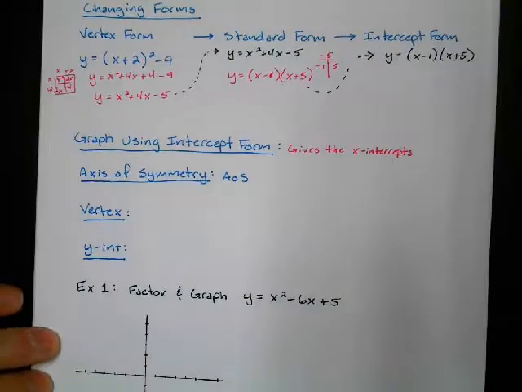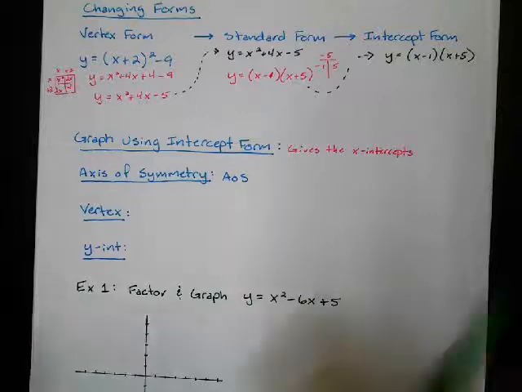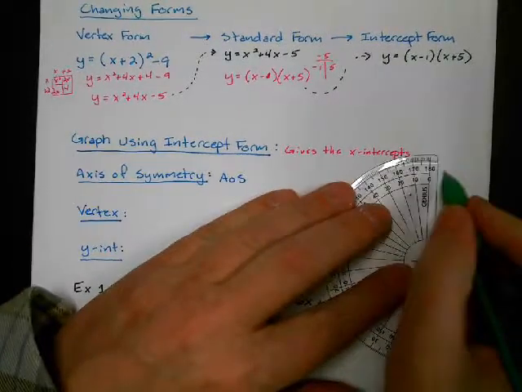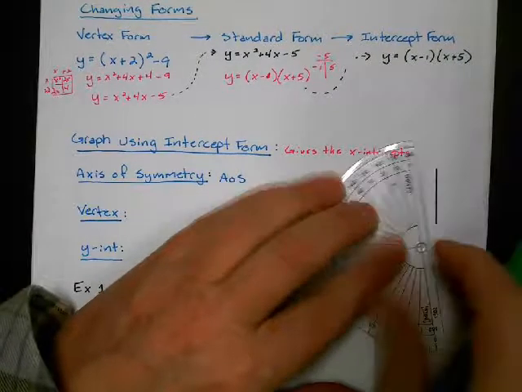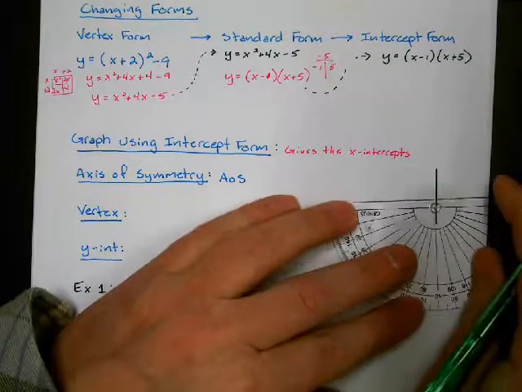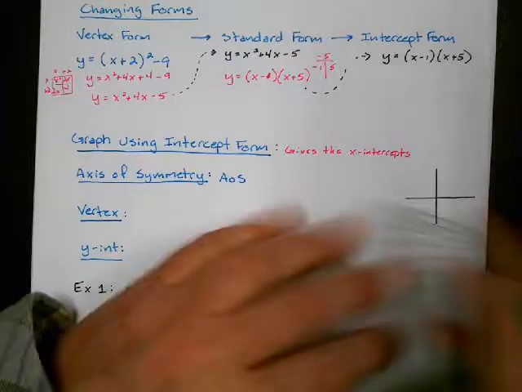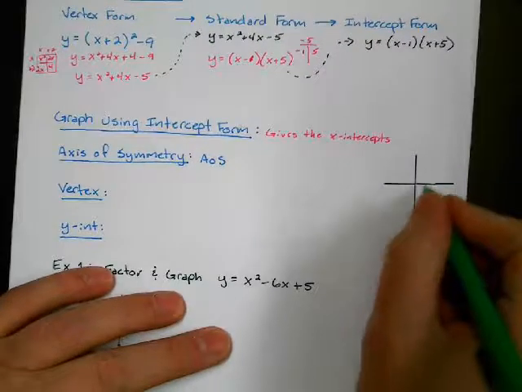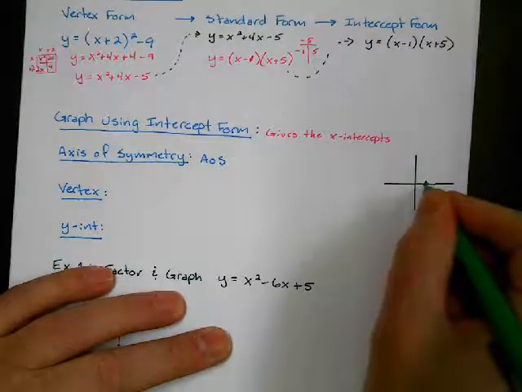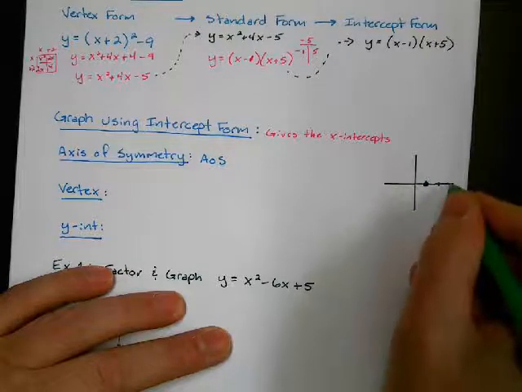So let's just say that I've got a graph here, and let's say that the intercepts are at 1 and 3.